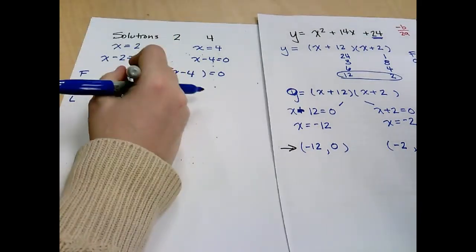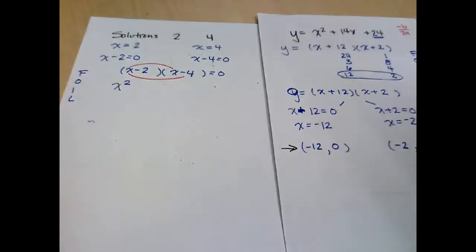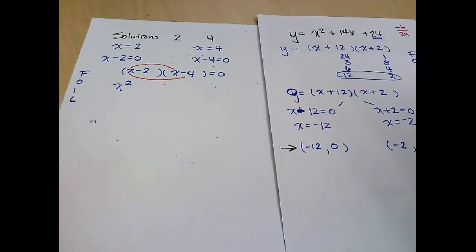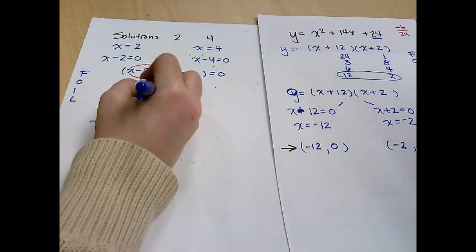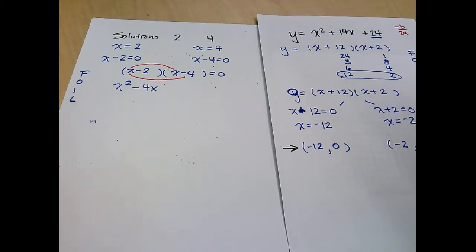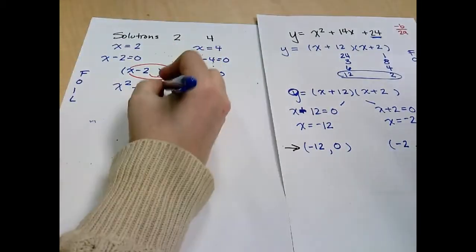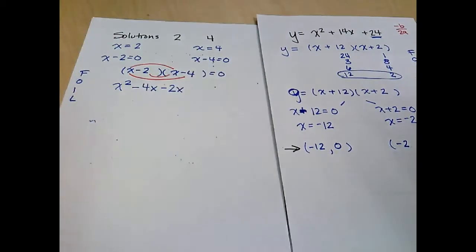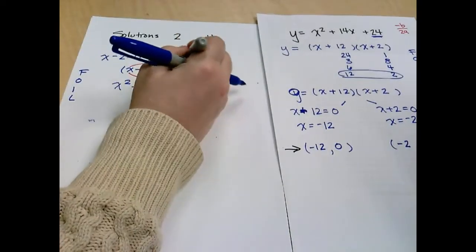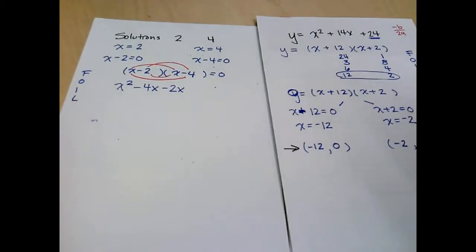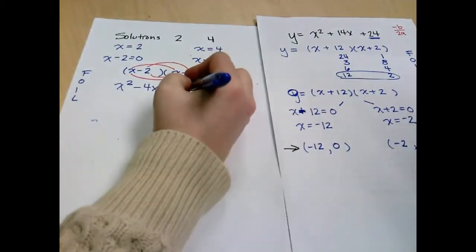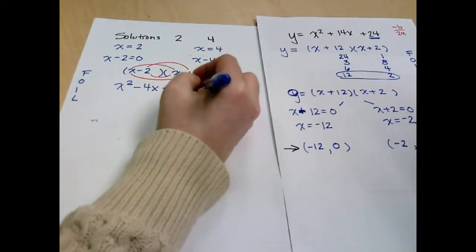Then I do my outers, which is negative 4 times x, which is negative 4x. And then I do my inners, which is negative 2 and x. And then I multiply my lasts, which is negative 2 times negative 4, which should give me positive 8.